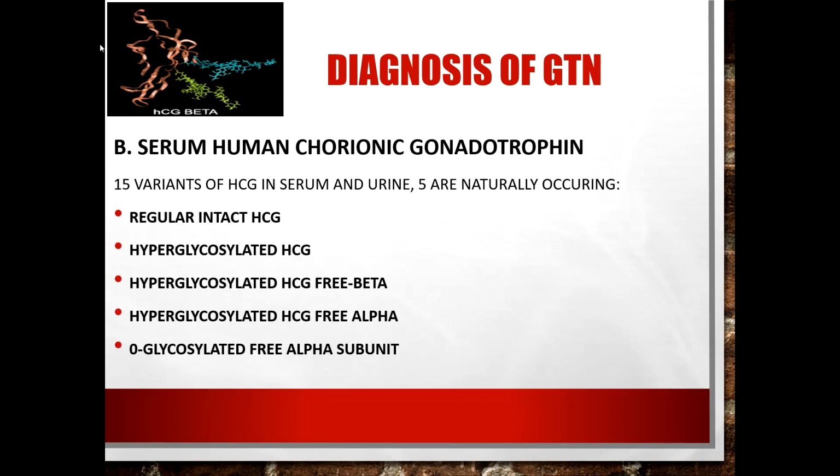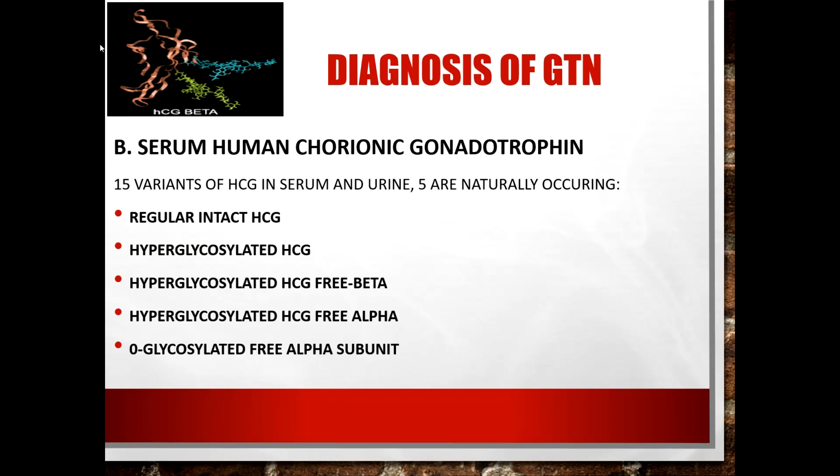There are 15 variants of HCG in the serum and urine, of which 5 are naturally occurring. It is the regular intact HCG which is produced by the syncytiotrophoblasts, while the hyperglycosylated HCG is produced by the cytotrophoblasts. Now, this is the predominant form of HCG in patients with GTN.